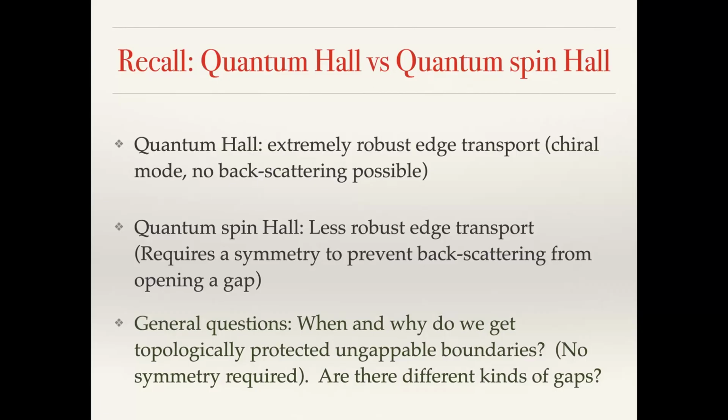And you can ask general questions such as, when do we get boundaries that simply cannot be gapped, like in the integer quantum Hall case, which can never be gapped? What does it mean for a boundary to be gappable, but only if a symmetry is broken? And for edges that can be gapped, is there more than one kind of gap that I could open up?